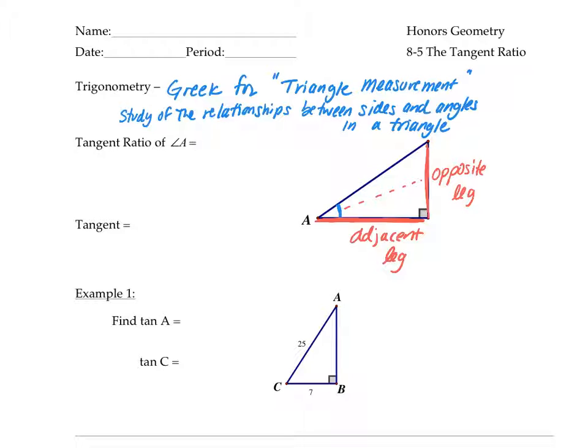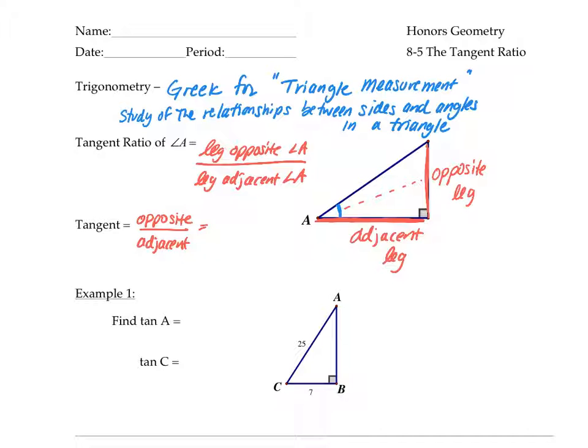So the tangent ratio of angle A is equal to the length of the leg opposite angle A divided by the length of the leg adjacent to angle A. Okay, so we can say that the tangent is equal to opposite over adjacent.